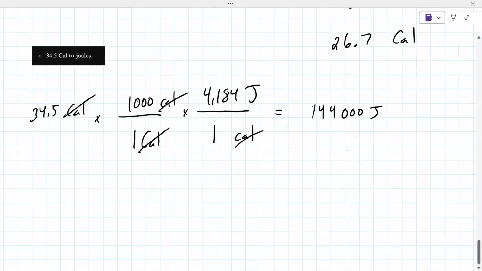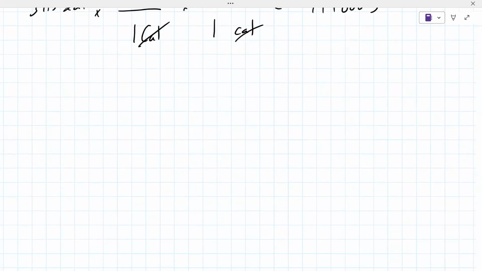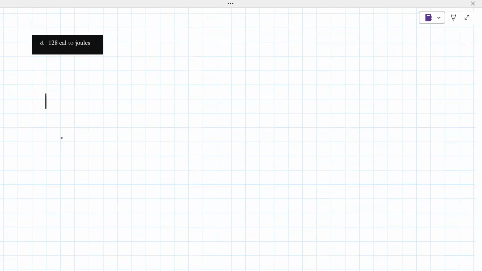Very good. Now we can actually do that last one. It probably makes more sense. So 128 cal. Actually, this is the most basic one of them all.